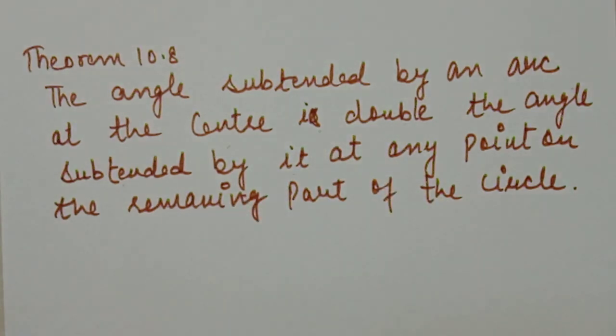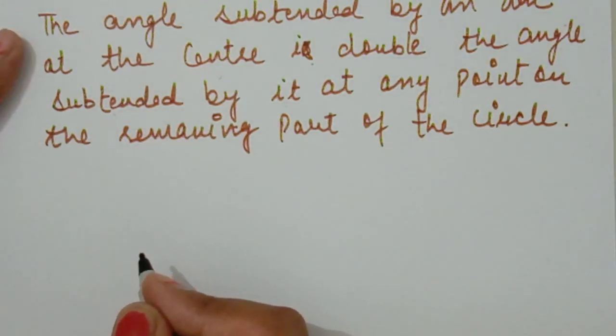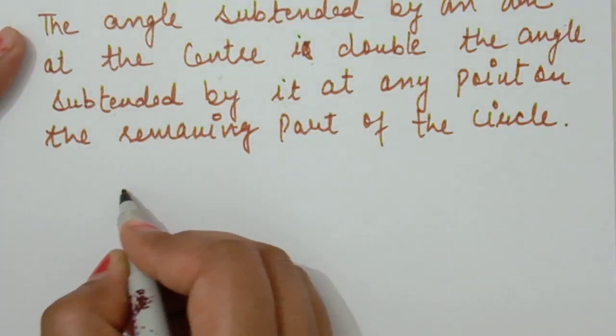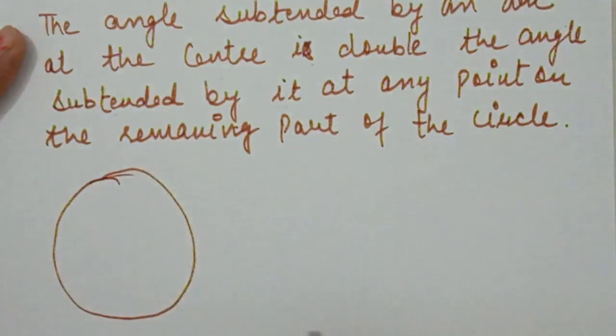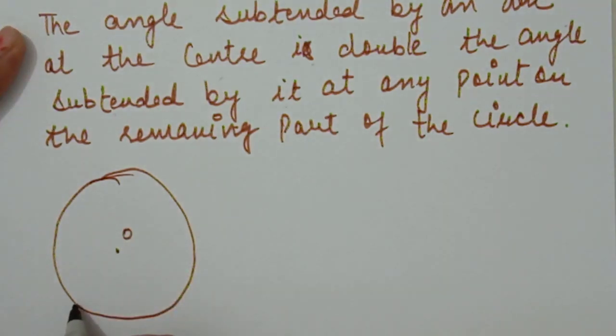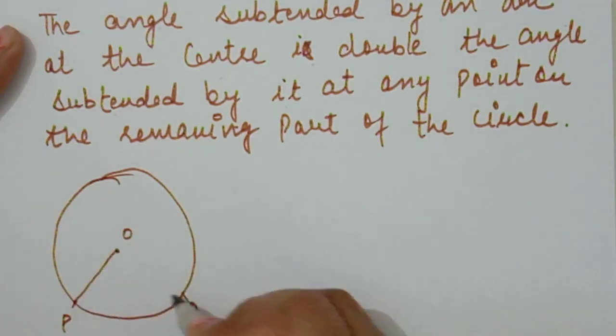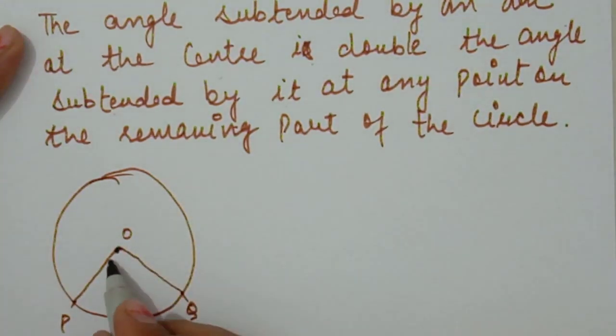So let me explain with the help of a diagram. We have three possibilities. First, we have a circle like this, center O, and a minor arc PQ. This is the angle made by the arc at the center.